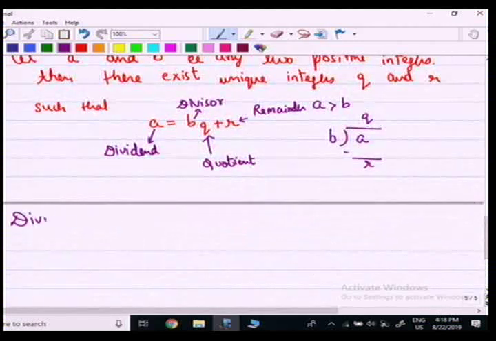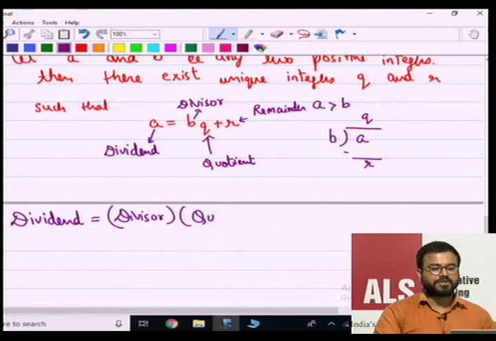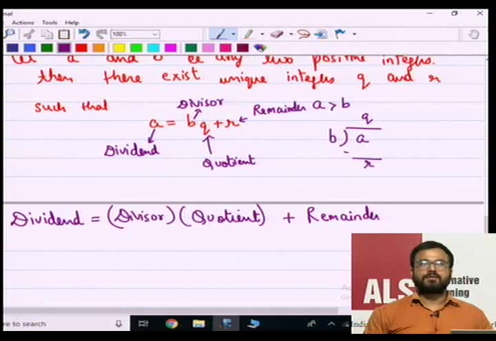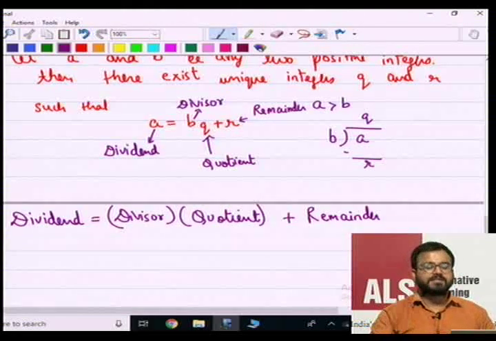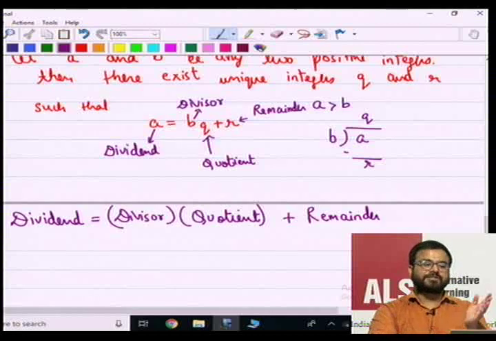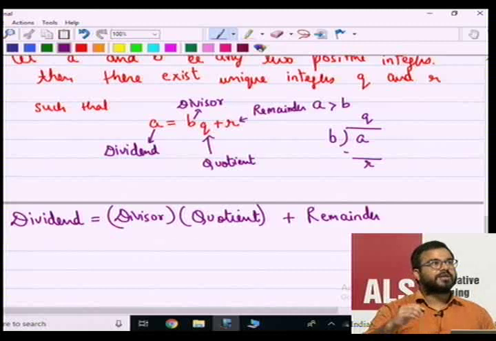So the only difference between the Euclid lemma and the algorithm is that the lemma is the statement which relates the dividend, divisor, quotient and remainder, and then there is the Euclid division algorithm.